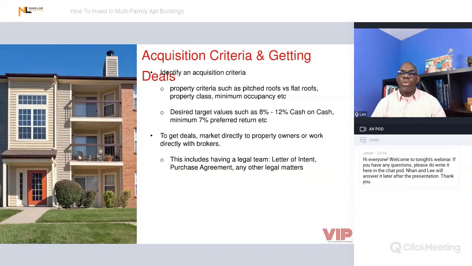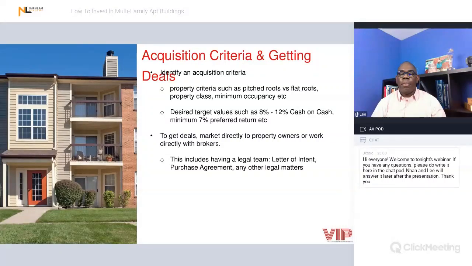What I'm going to do next is raise the rents as that property turns over, right? The desired target that I'm looking for is an 8 to 12% cash on cash return, or COC, but I'm also looking for a minimum preferred return.